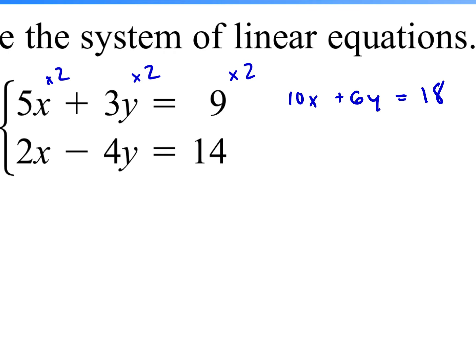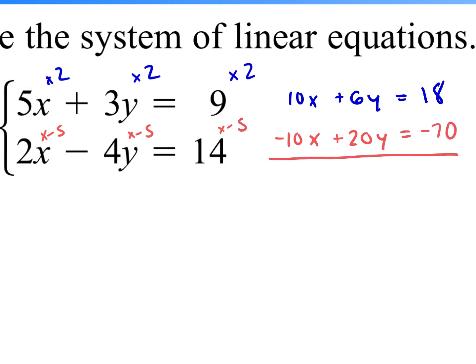And then I have to multiply the second equation by negative 5. So this will be negative 10x plus 20y is equal to negative 70. Now that we have a positive 10x and a negative 10x, we know these are going to cancel, so we can combine our equations.